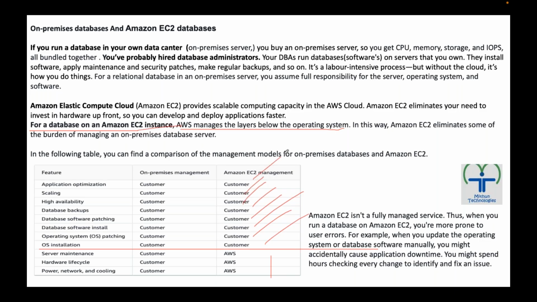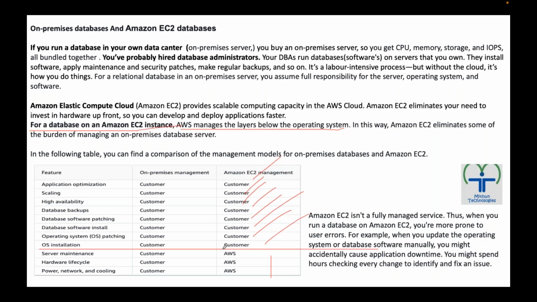In the database you also have a concept called replication: primary DB, secondary DB, standby DBs. If I use EC2 for setting up the database, am I responsible for all these things above the hardware?